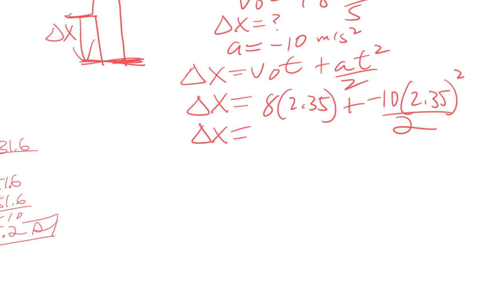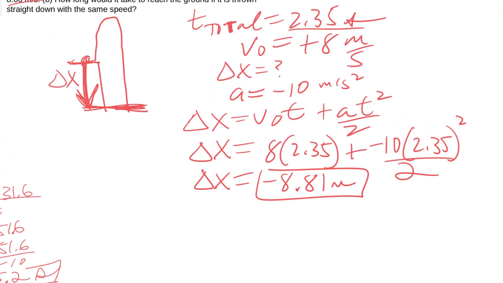And I get negative 8.81 meters. That's this distance right here, and it should be negative because it's in the negative, down direction.